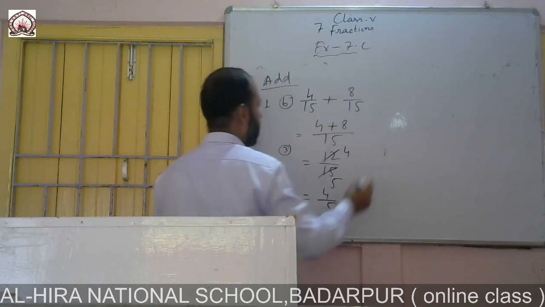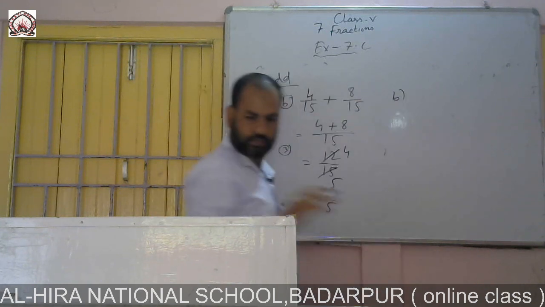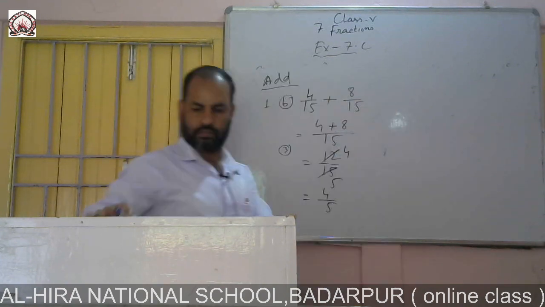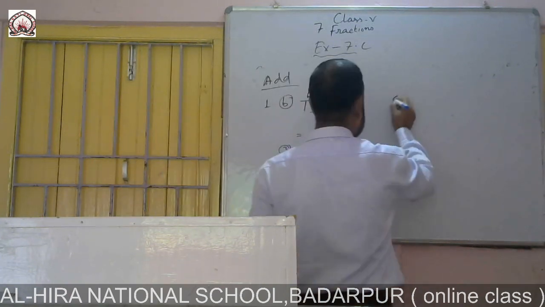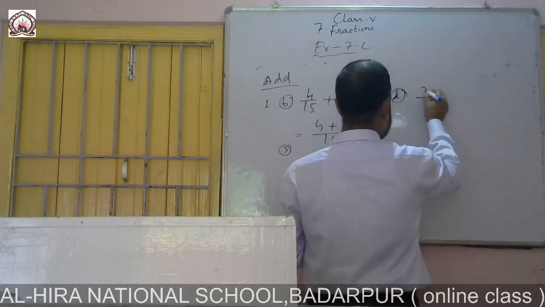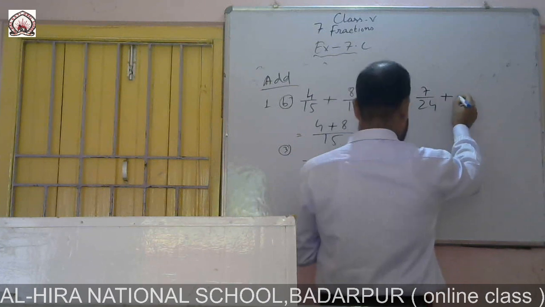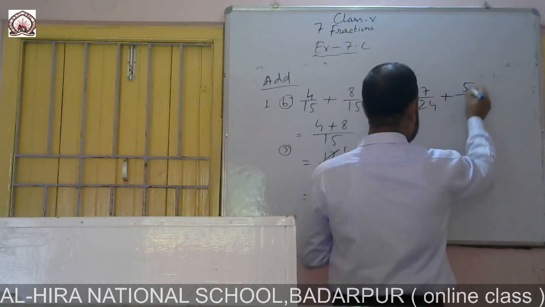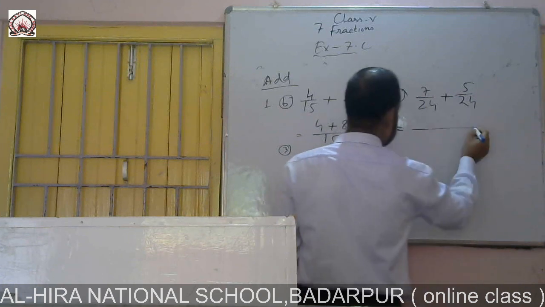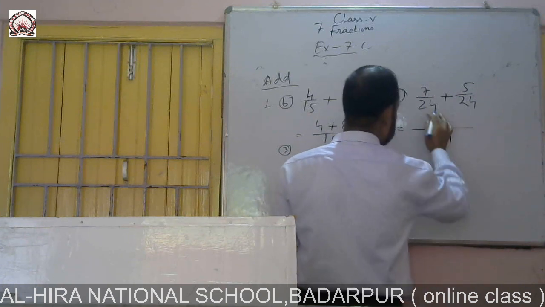Next, question number D. 7 by 24 plus 5 by 24. So we take the same 24 because the denominator is the same.